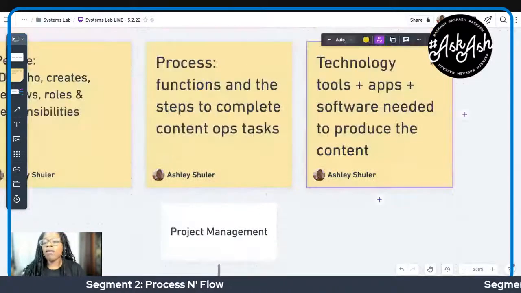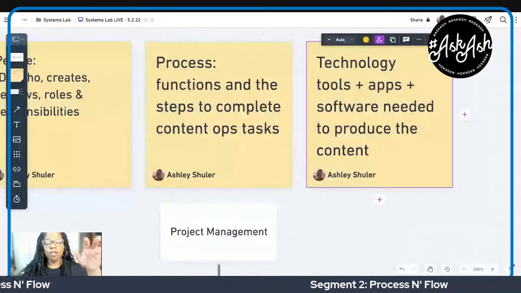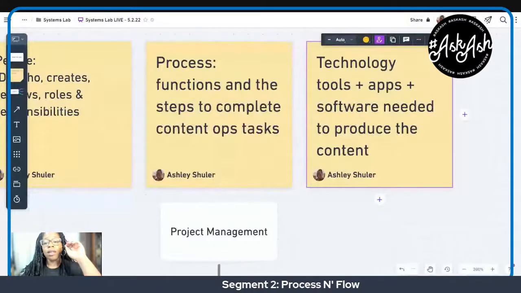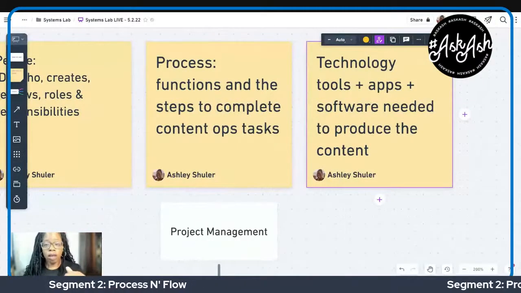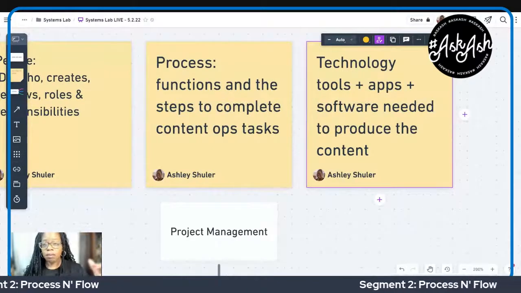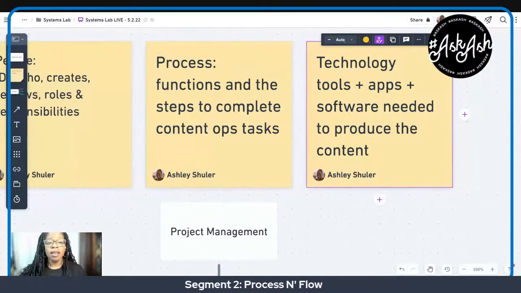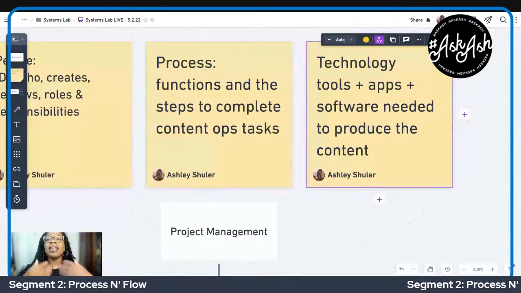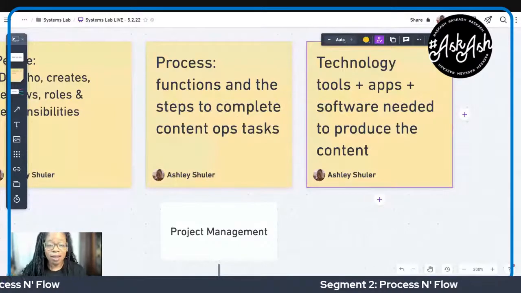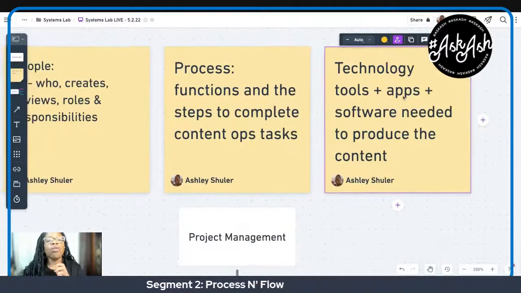So this is everything from Google Drive to the actual publishing: Buffer, Hootsuite, Planoly, bigger platforms, your website, all of these apps that are needed to produce the content. This is so important. This is critical. This is crucial.